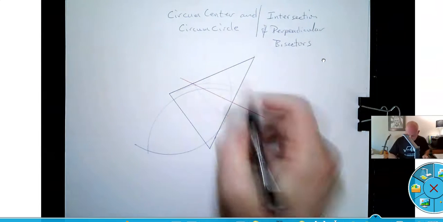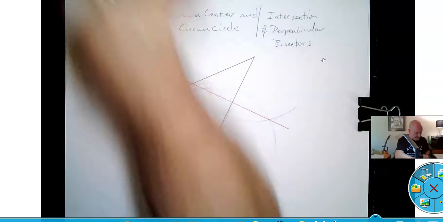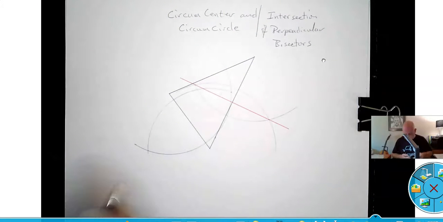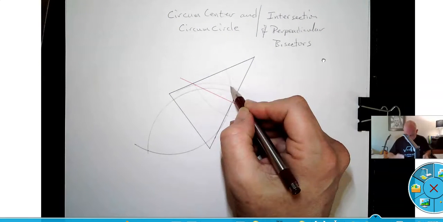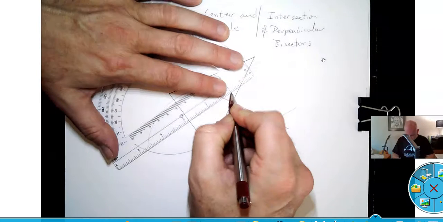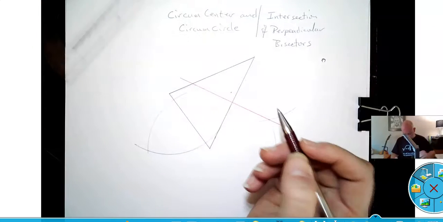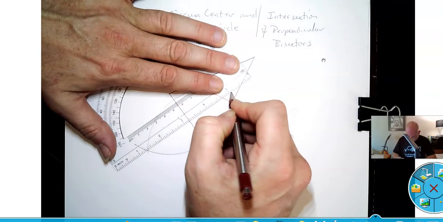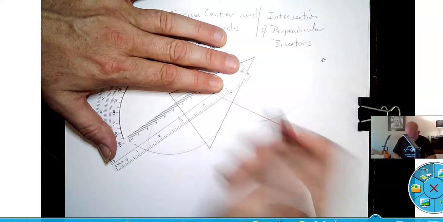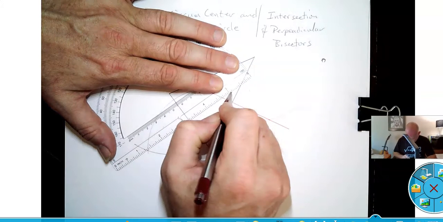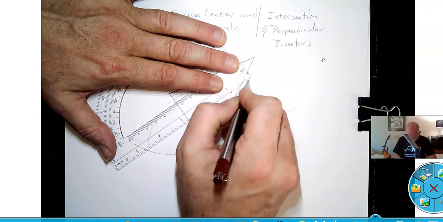So we just need to connect this point with this point. Don't get confused and think it's this point. We need to join these two here. Oops, let's do it this way, that'll be easier. I'm just being careful about this.